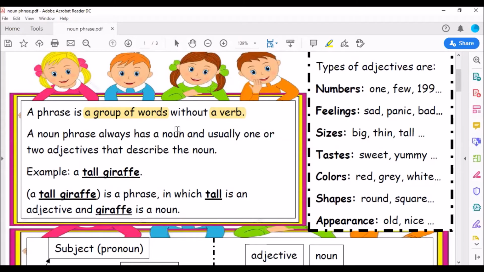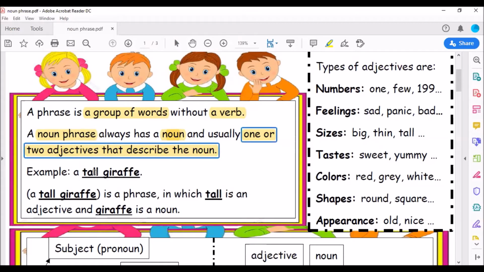What about a noun phrase? A noun phrase always has a noun, okay? And usually one or two adjectives that describe the noun. Okay, so I have a noun, I have adjectives that describe the noun. Done?